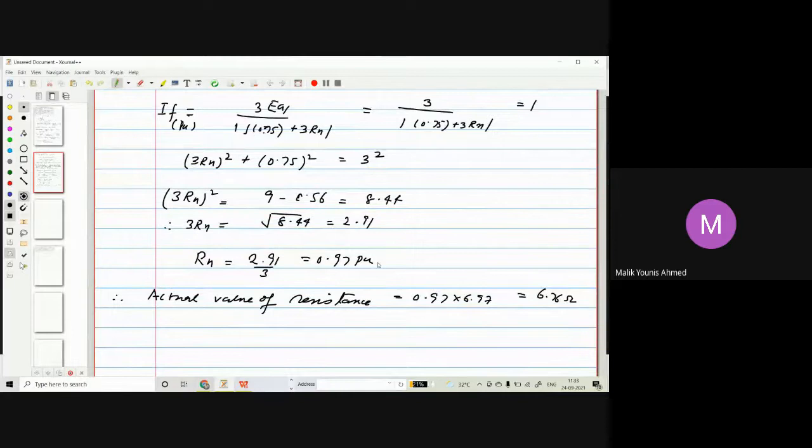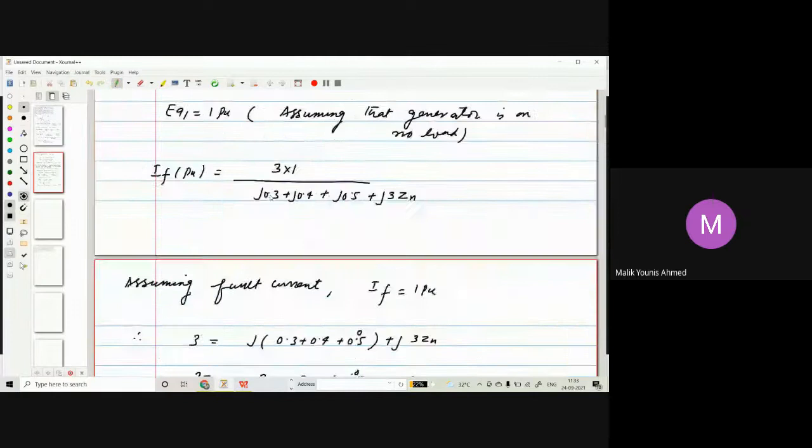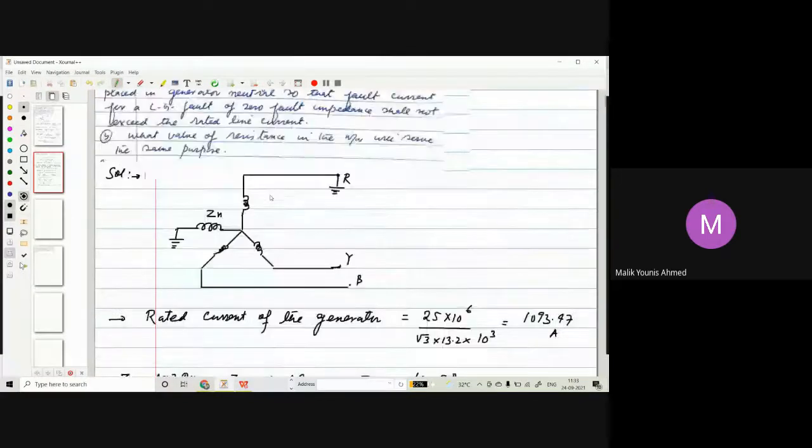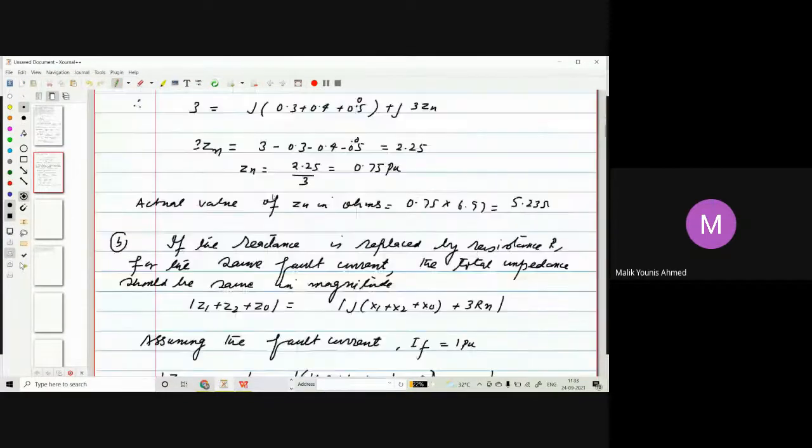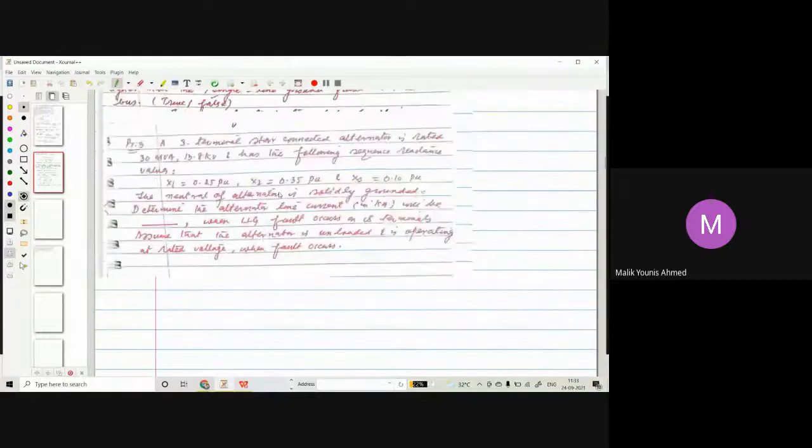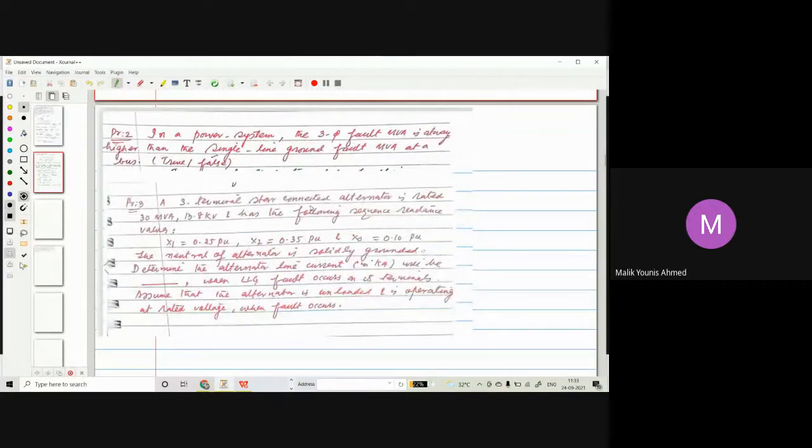Okay, so how much time we have left? Then we had some GATE problems also. I will ask the question. Okay, we have solved this.